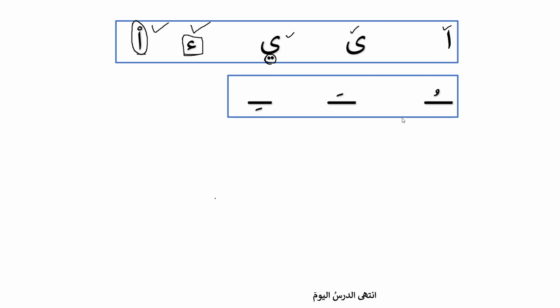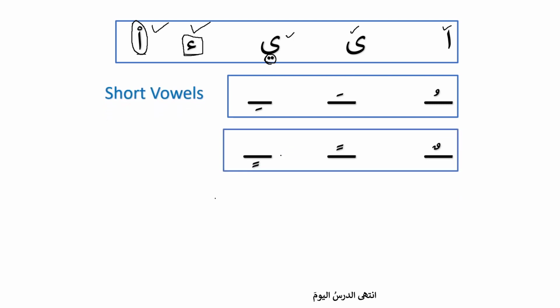What about these three signs over here? Damma, fatha, kasra. Okay, are these long vowels or short vowels? Short vowels. Excellent. Perfect. Okay, then we have the next one. What do we call them? Tanween.